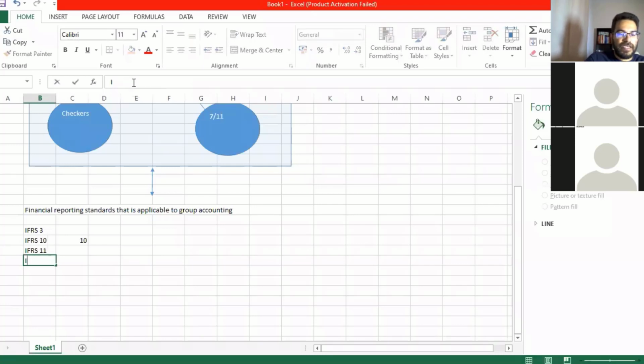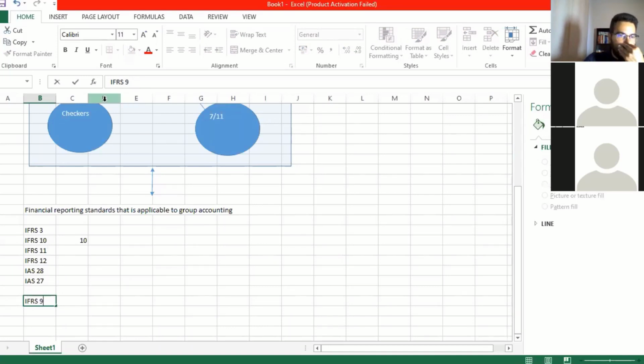The next one is IFRS 12. You don't have to know this one so in depth, but you kind of need to know it. And then we have IAS 28. We have IAS 27. And then I'm going to skip a line. This is not really part of group accounting, but it gets used often. And that is IFRS 9.